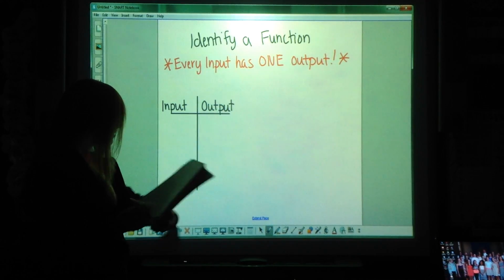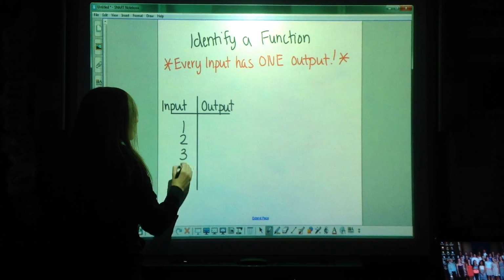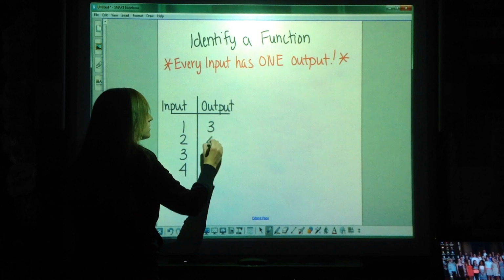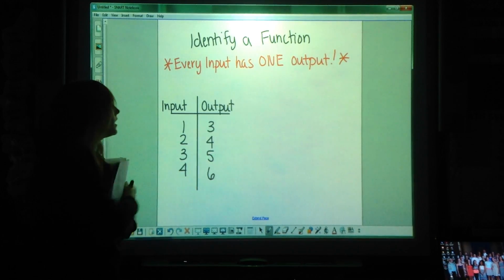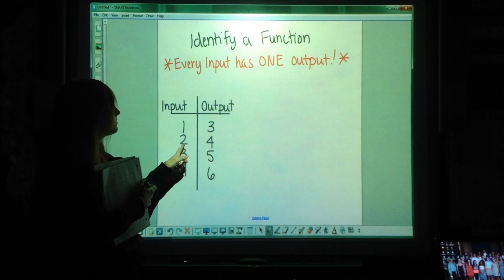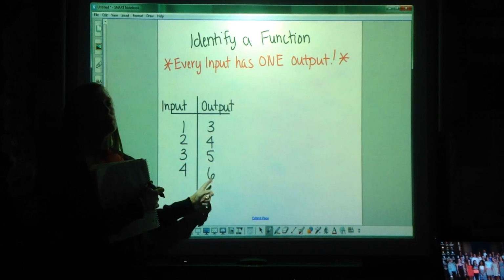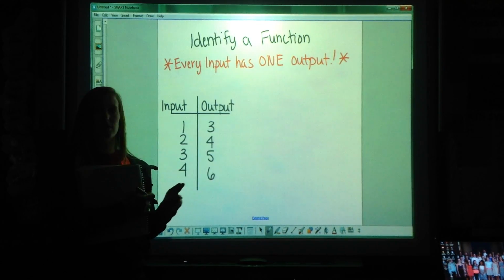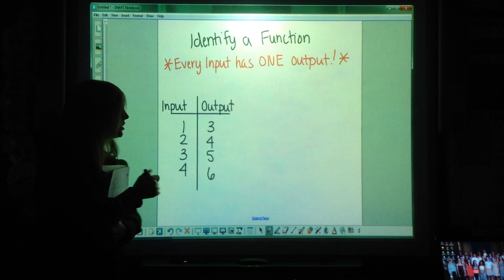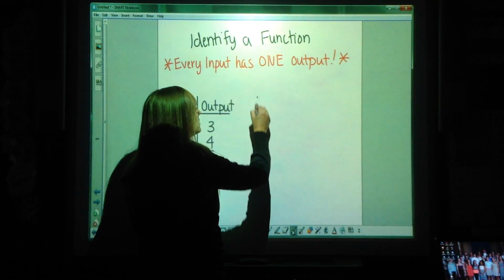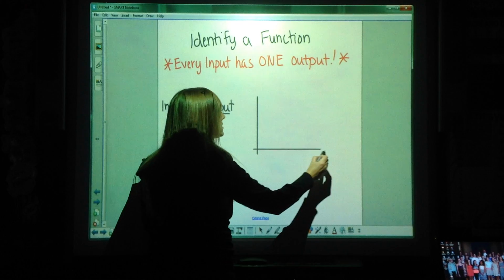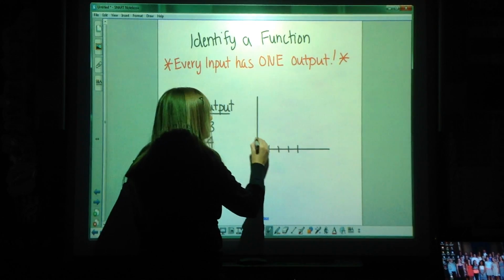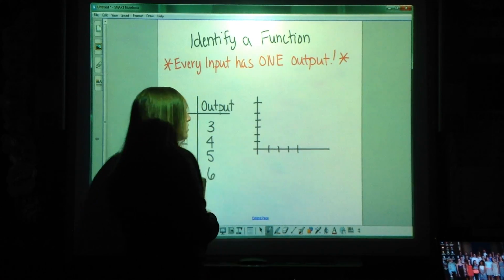Let's see, my inputs are 1, 2, 3, and 4. And my outputs are... So these are ordered pairs.